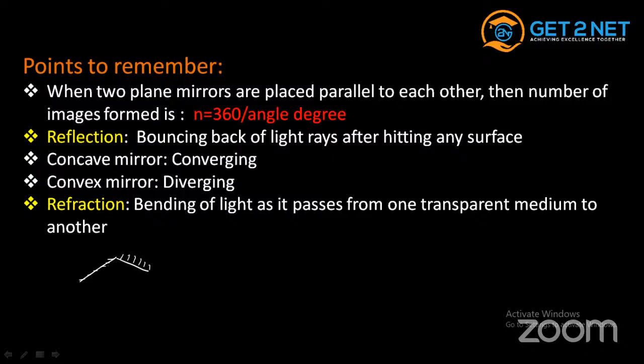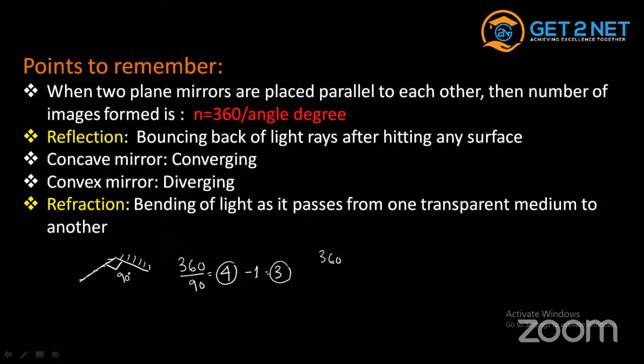If they are inclined by maybe 90 degrees, then the formula will be 360 divided by 90, that will be 4. So now 4 is an even number. That's why we have to subtract 1 from it, that will be 3. So if the angle between two plane mirrors is 90 degrees, then the number of images formed will be 3.